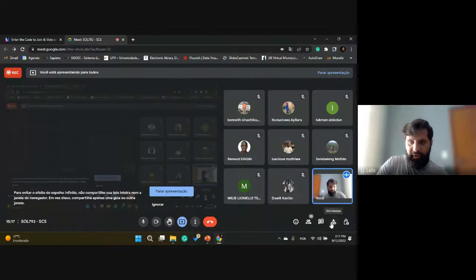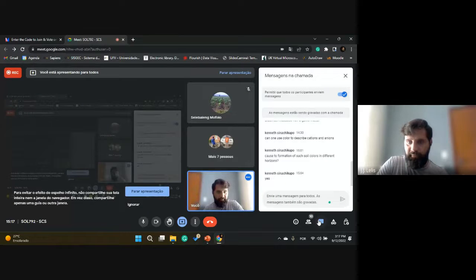Which one do you think? Please just put your answer here. I will share it again, okay? Is it a mass, a nodule, or a concretion, this material in this picture?